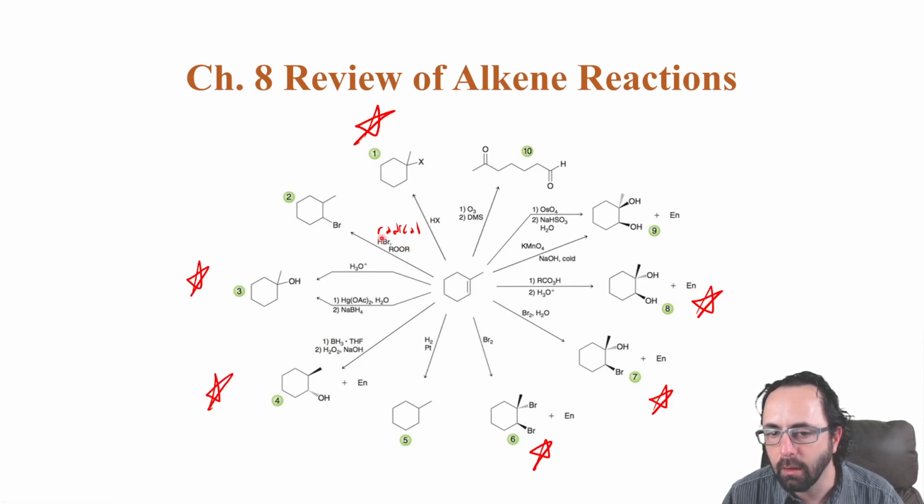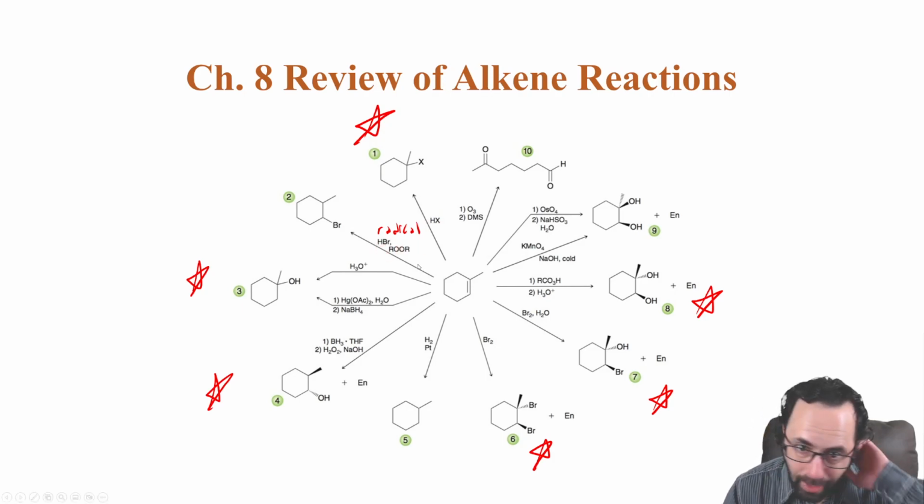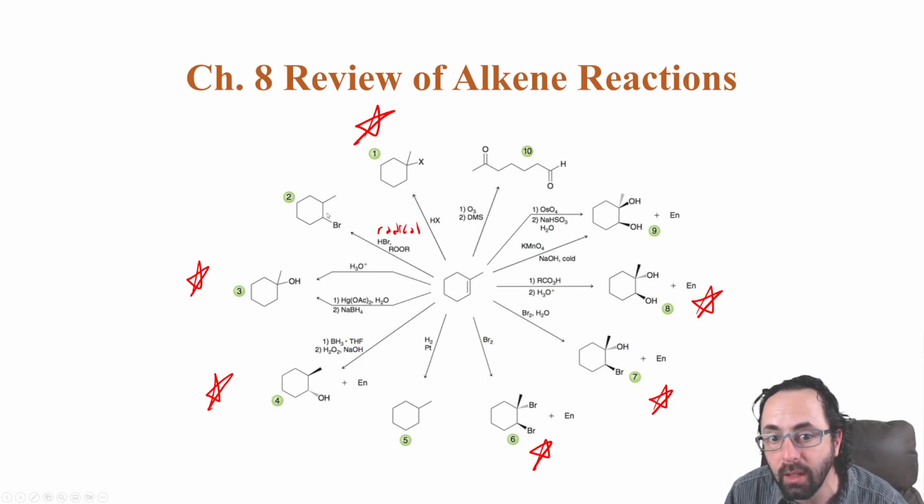We'll see later if we want the halide, for example bromide here, to go on the less substituted carbon, we will not just use the hydrohalide, we will also include a radical initiator such as a peroxide, and this will induce a radical mechanism in which the tertiary radical will be more stable and the halide will attack at the less substituted position. If we had an acid-catalyzed hydration, we'll again get a Markovnikov product here.